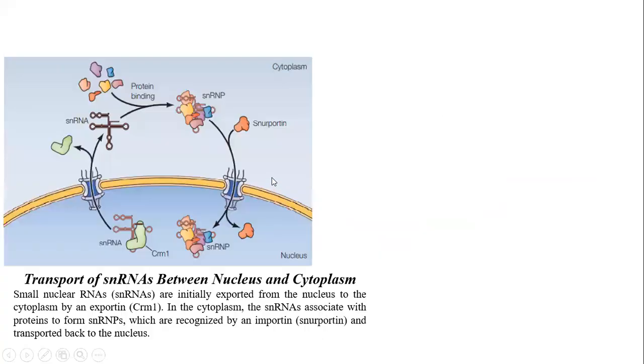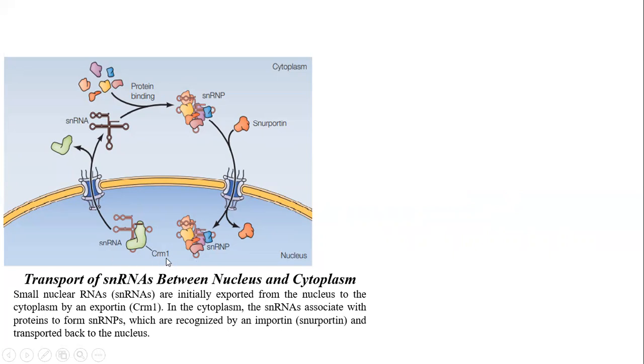See again, this is the transport of snRNAs between the nucleus and the cytoplasm. You have got the snRNPs. These proteins go and bind to the snurportin, and then inside the nucleus they get released and the protein also comes back. Now you have got the small nuclear RNAs.